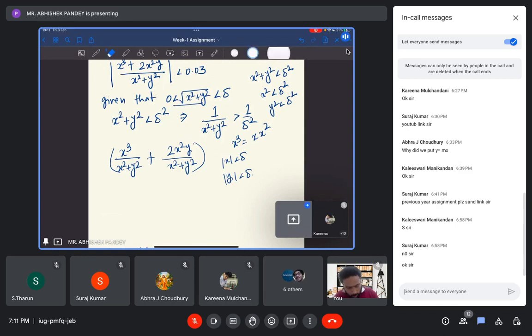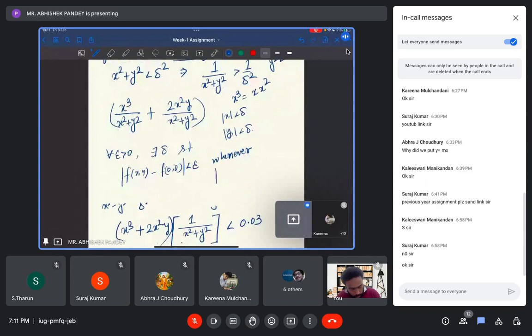See, ultimately what we are doing is checking the continuity condition. For every epsilon greater than 0, there exists a delta such that mod of f of x comma y minus f of 0 comma 0 is less than epsilon whenever the modulus of (x comma y) minus (0 comma 0), which is nothing but under root x square plus y square, the norm, is less than delta.